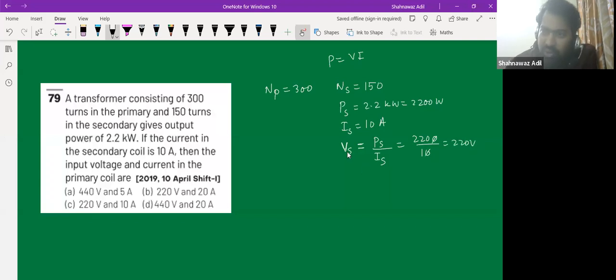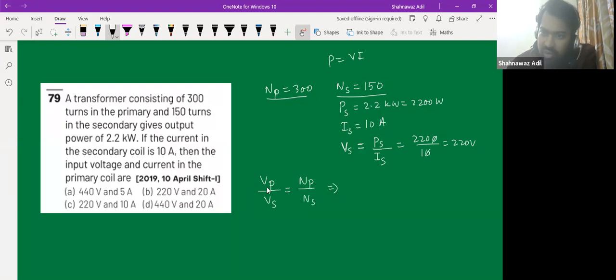Now the primary voltage and number of turns, and this is 100% efficient transfer. Whenever the efficiency is not given, we assume that this is 100% efficient transfer. We know that Vp by Vs is Np by Ns.